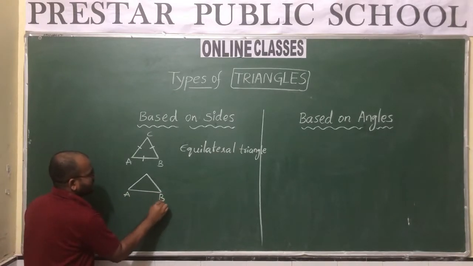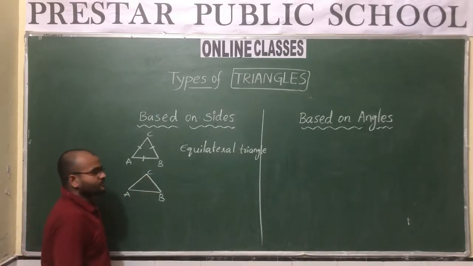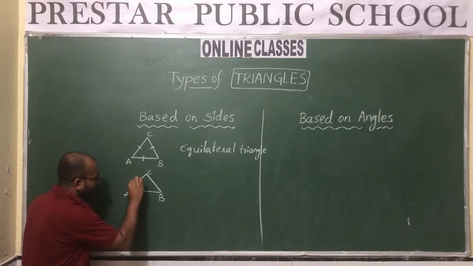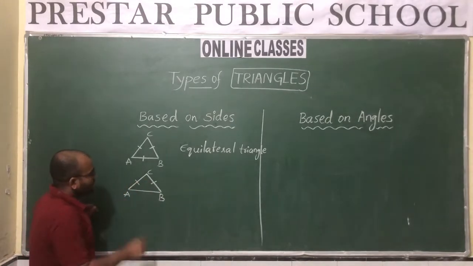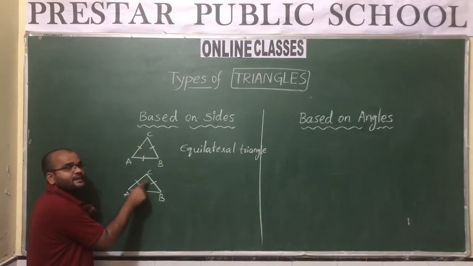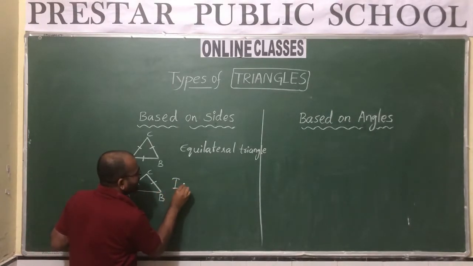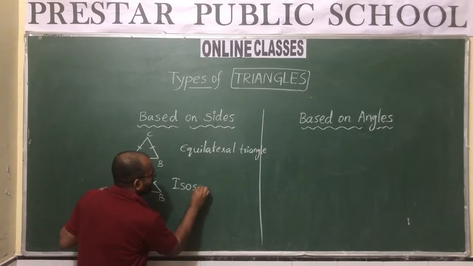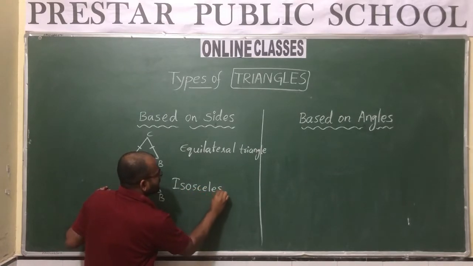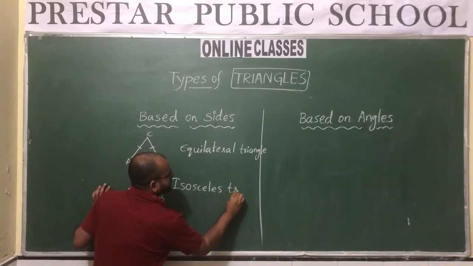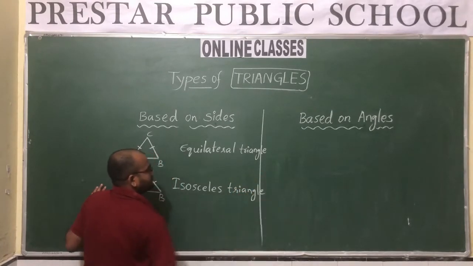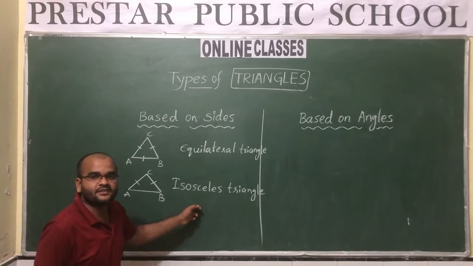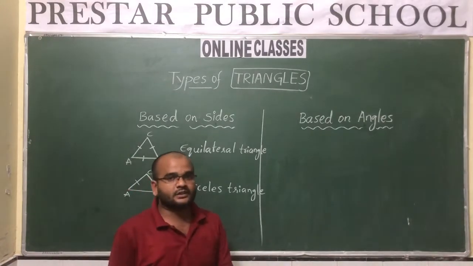In triangle ABC, if side AC and BC are equal, only 2 sides are equal, then it is called isosceles. Isosceles triangle. Isosceles means only 2 sides are equal.